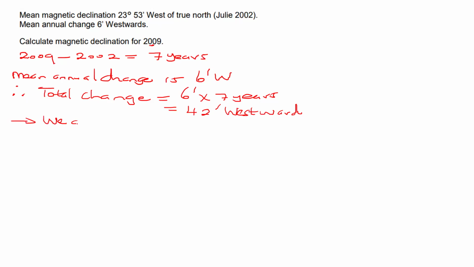We add the total change, if this is in South Africa, if the magnetic north is moving further west.